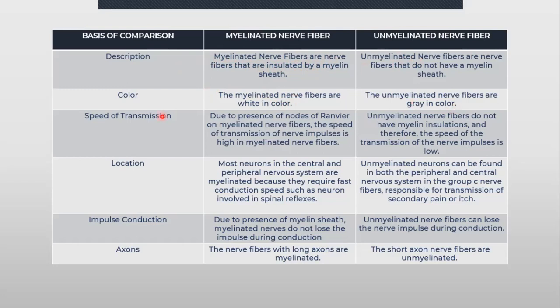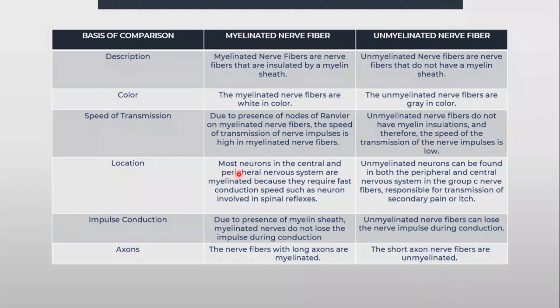The speed of transmission is the important one. Due to the presence of the nodes of Ranvier on the myelinated nerve fiber, the speed of transmission is high in the myelinated nerve fiber. So if the brain wants to send high-speed information, it should send it through the myelinated part, not the unmyelinated part. The unmyelinated part does not have the myelin insulation, and therefore the speed of transmission will be low.